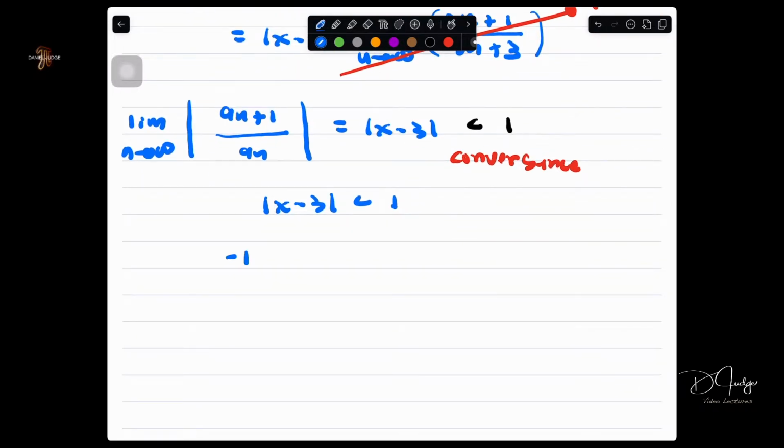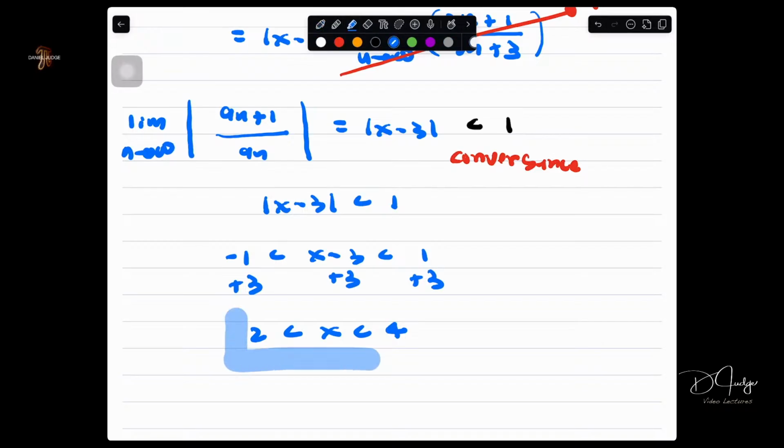That's equivalent to saying, by definition, negative 1 less than x minus 3 less than positive 1, and we can solve for x by adding 3 to the left, right, and the middle. You get 2 less than x less than 4. This is what we're looking for. This is that interval I, interval of convergence.